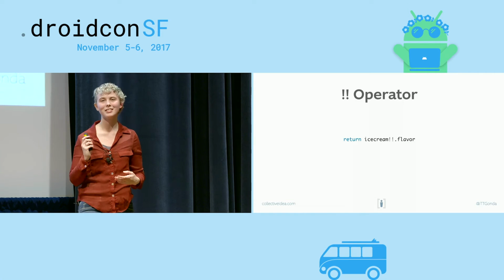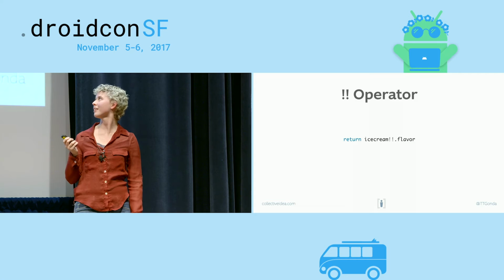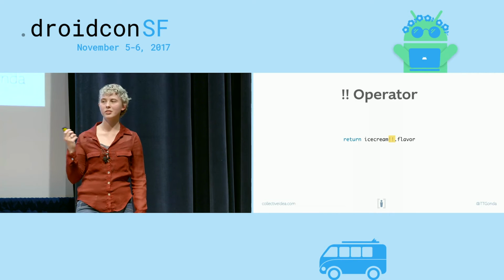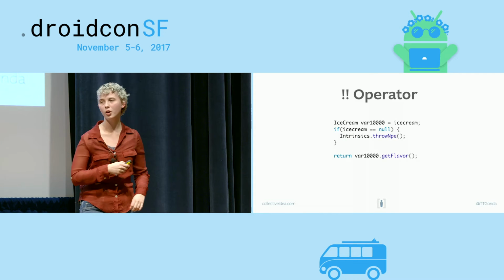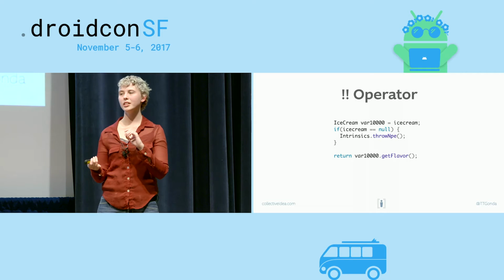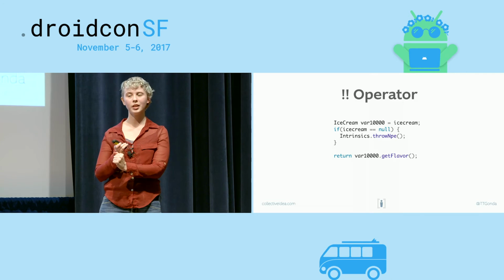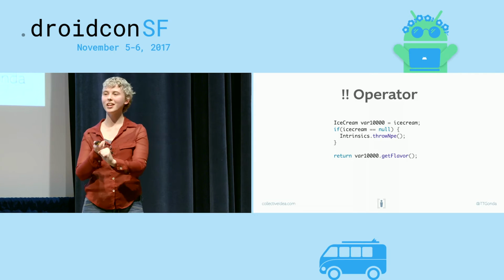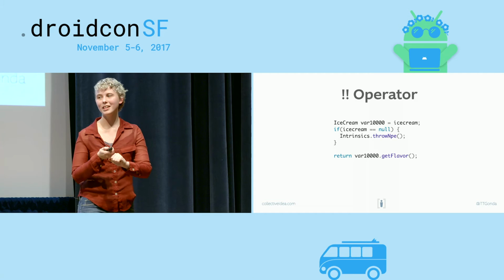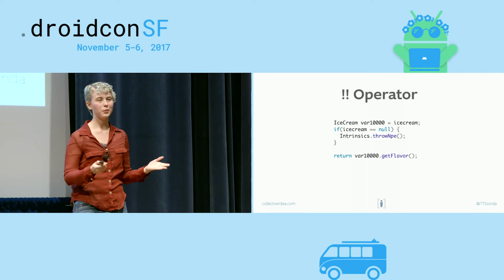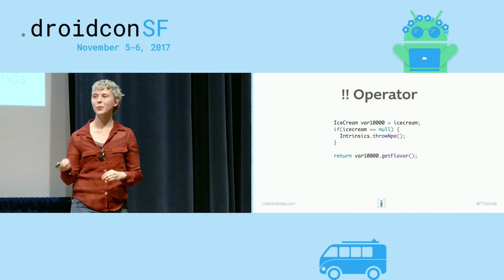So what exactly does this look like? What is this doing? There's the double bang operator. Okay, so it is checking if ice cream is null, explicitly throwing an error if it is null, and then if an error hasn't been thrown, it does continue, then we're returning the flavor.